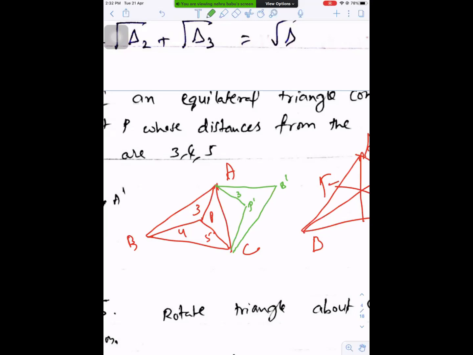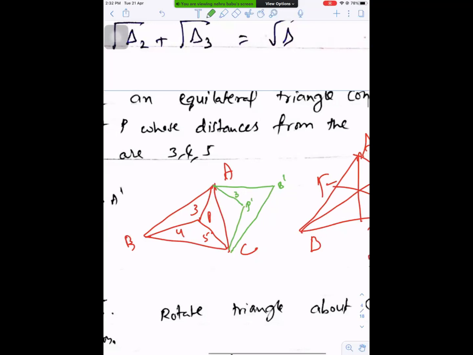Yes, sir. If we rotate by 60 degrees, then we'll get a right angle triangle. Rotate by which angle? 60 degrees. Okay. So in this case, the same figure you are rotating in this way.